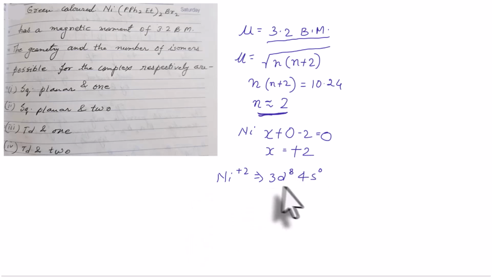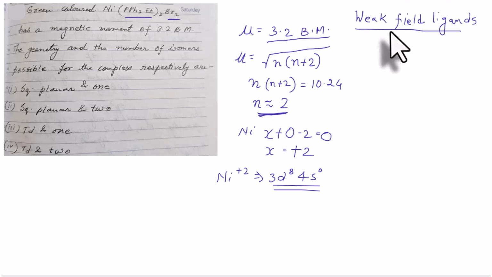So now we try to fill these d8 electrons. And before filling these d8 electrons, we have to understand the nature of our ligands in the complex. So both of these ligands, the PPh2Et, ethyl diphenyl phosphine, and the bromo ligands, both are weak field ligands. And we know that weak field ligands do not encourage pairing.